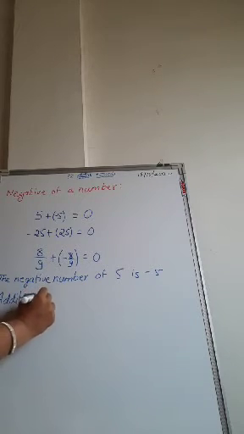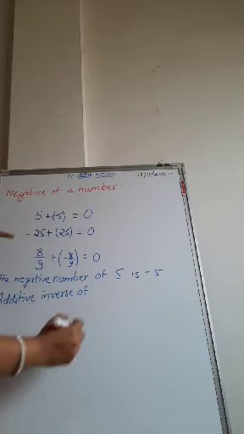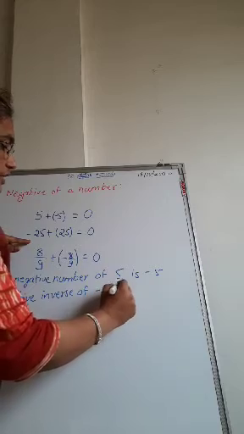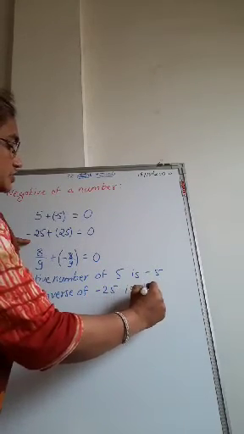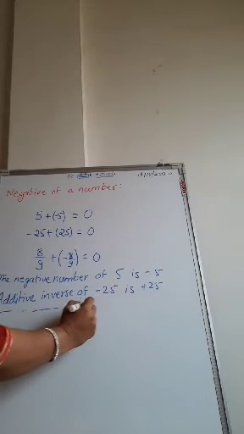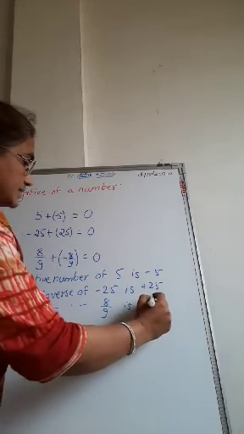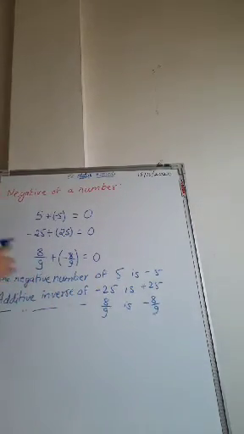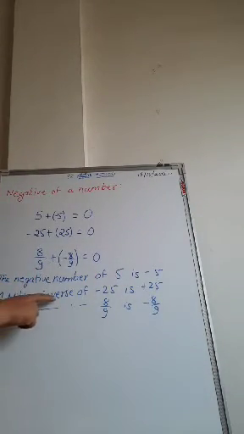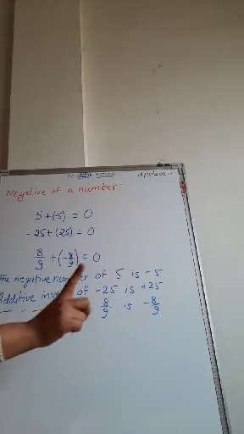Additive inverse of minus 25 is plus 25. Additive inverse of 8 by 9 is minus 8 by 9. Remember, when the additive inverse is asked, only the sign changes, the number will not change.